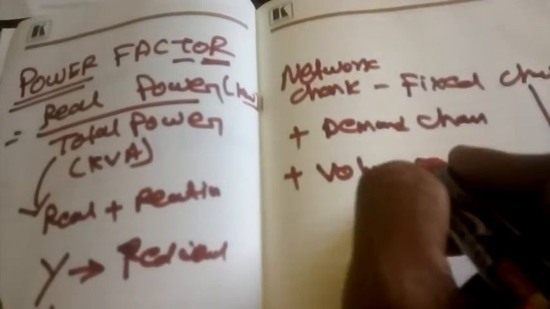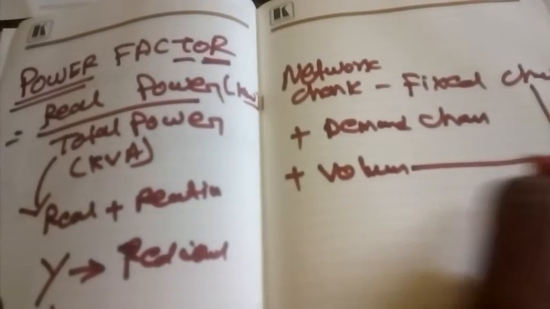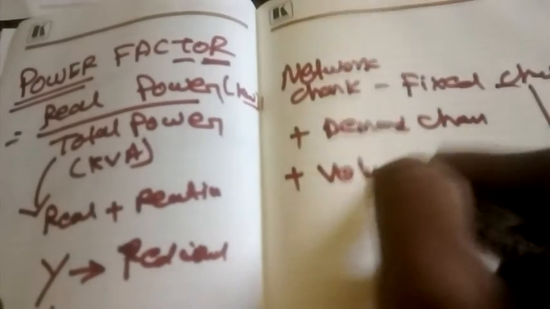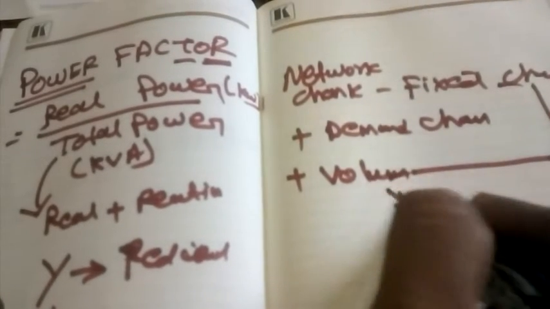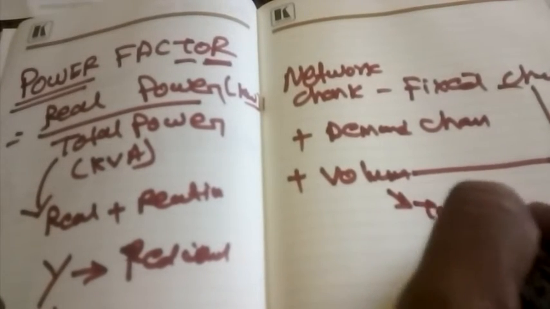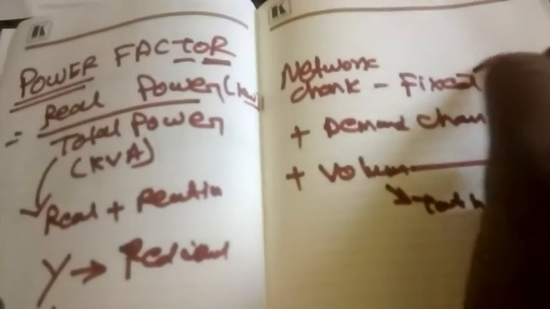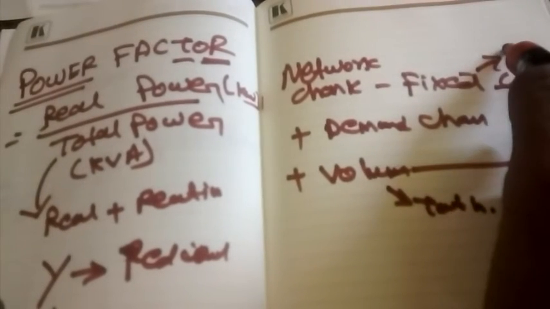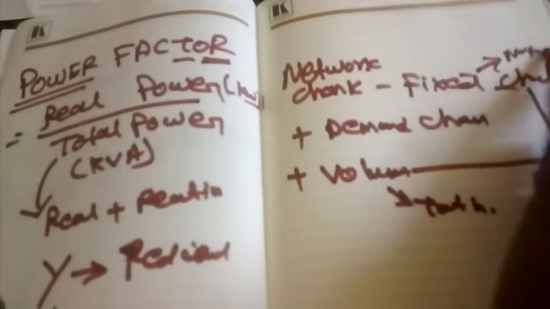Volume means total power, how much you use. Fixed charge means this is the normal charge for all the month.